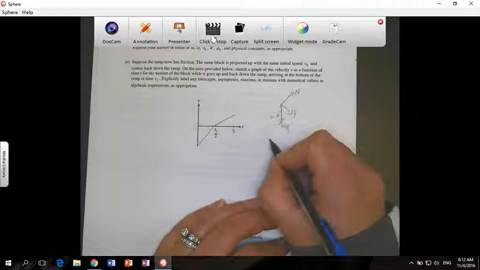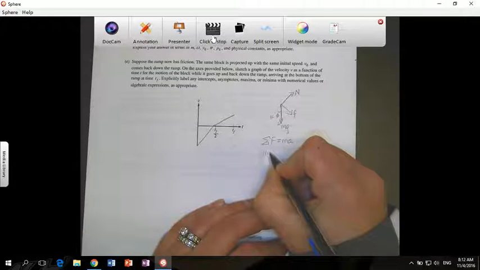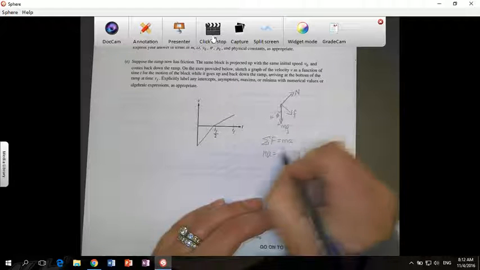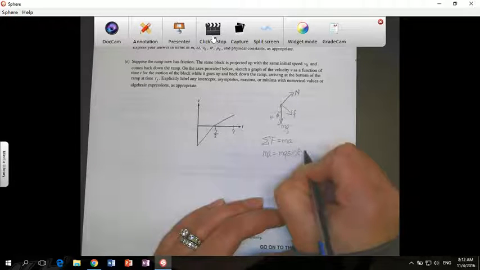So the sum of the forces in the parallel direction for the way up the ramp: ma is going to equal our component of gravity that's parallel to the ramp plus our friction.